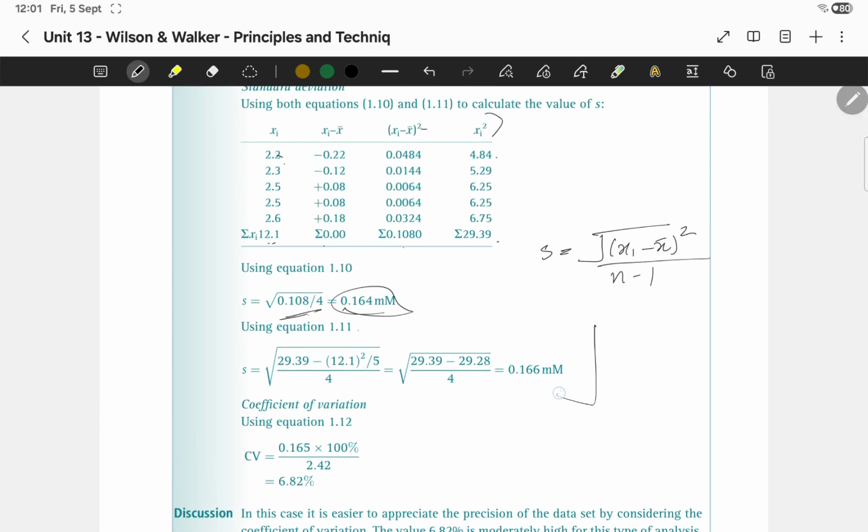The square root of the summation of xi squared minus the square of the summation of xi divided by n, upon n minus 1.